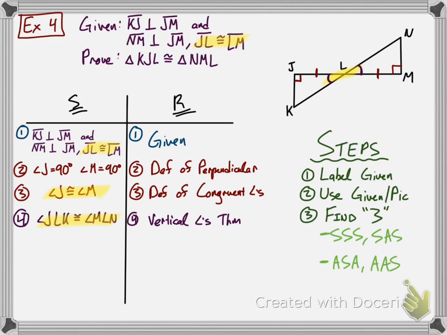And what we end up having are three pieces of information. We have two angles, we have a pair of sides, and so we are able to use angle, side, angle because we have an included side here. So we can wrap this proof up by saying triangle KJL is congruent to triangle NML. And our reasoning is the angle side angle theorem.